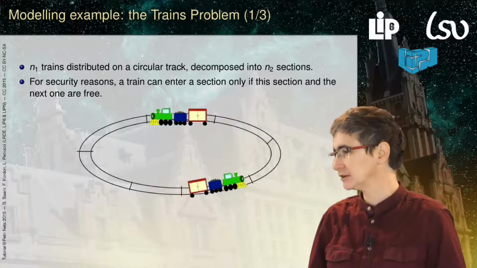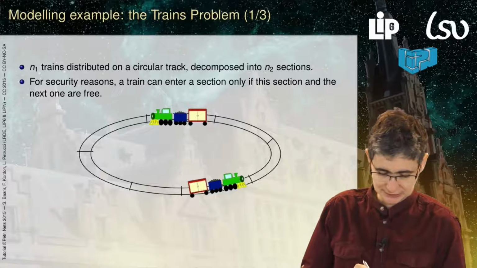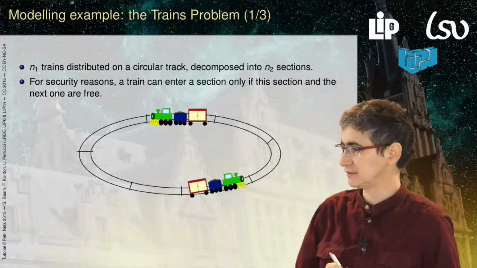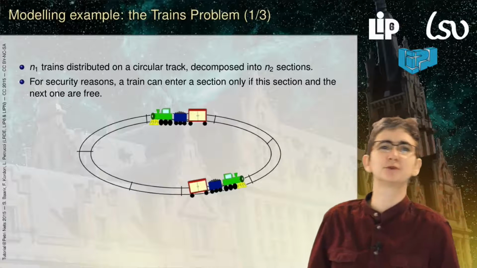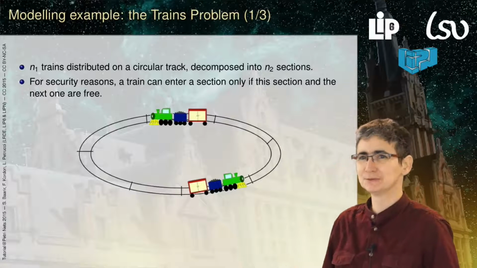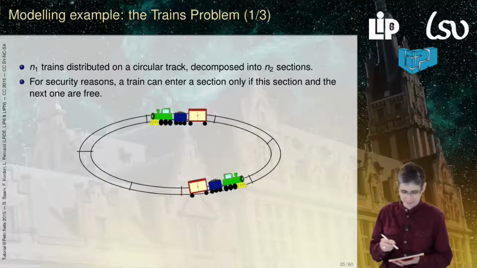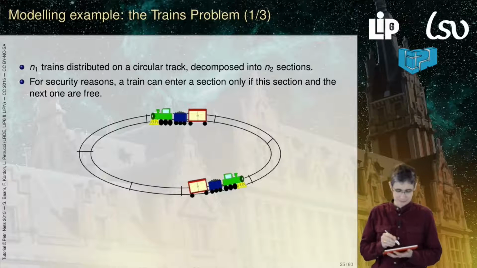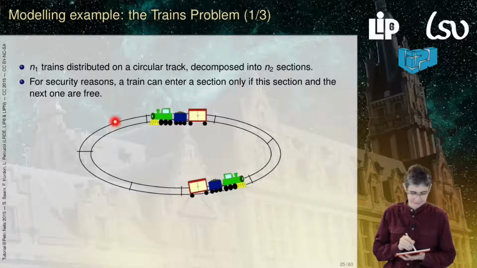a circular track, and this track is decomposed, as you can see here, into different sections. So let's assume that you have N1 trains and N2 sections, and of course you don't want your system to induce crashes between trains, so they will run all along these tracks. But for security reasons, we'll have a train enter a section only if it's empty.